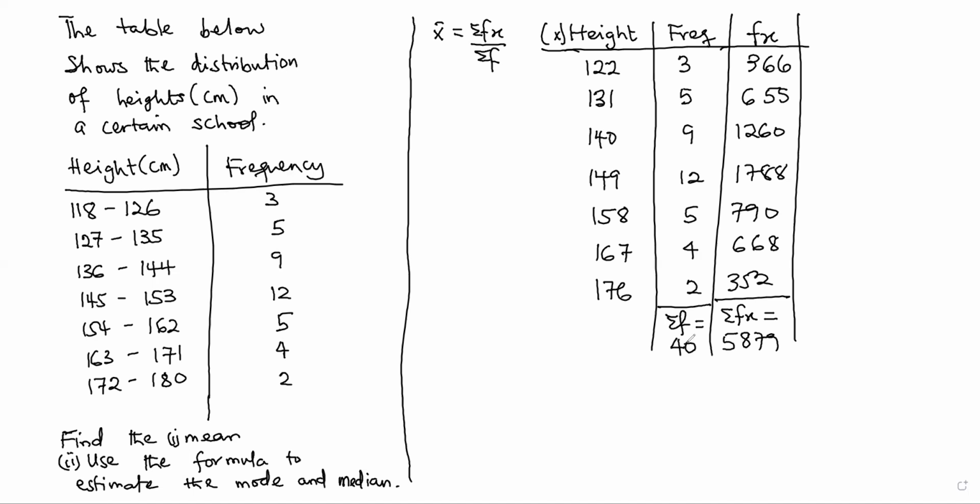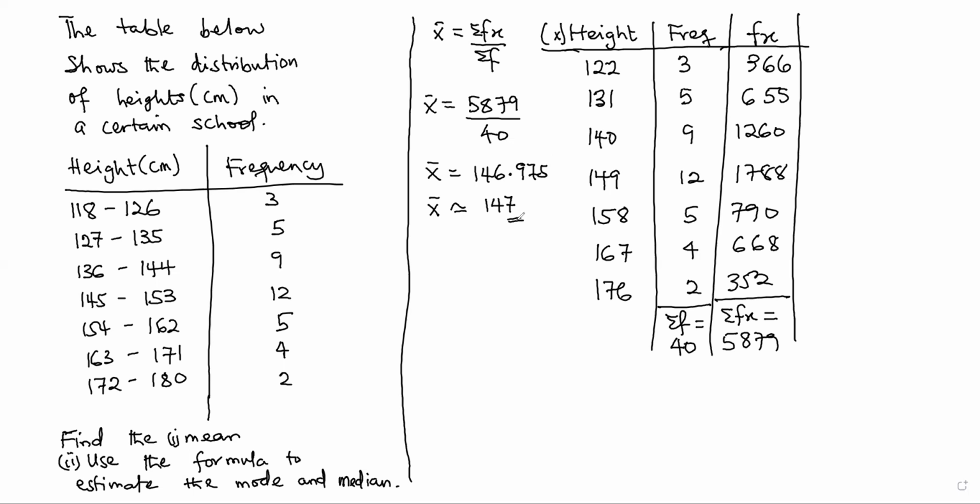So the mean is 5879 divided by 40, which is 146.975. We can approximate it to 147 to the nearest whole number. So this is the mean.